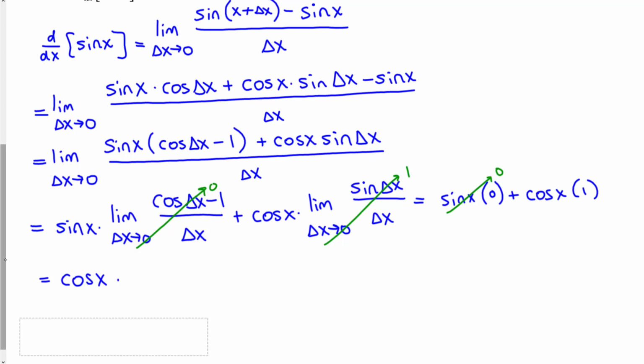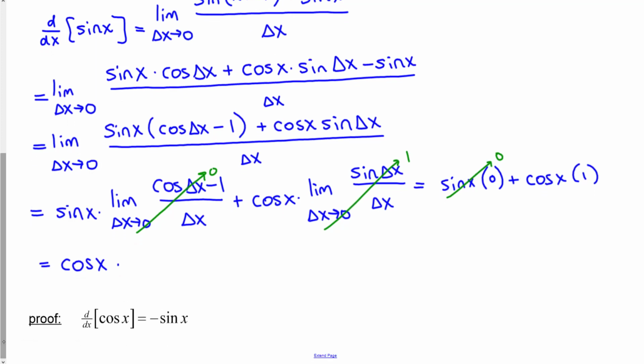The derivative for cosine is fairly similar. We'll walk through it real quick here. And to do the derivative of cosine, just like before, we start with our limit definition.